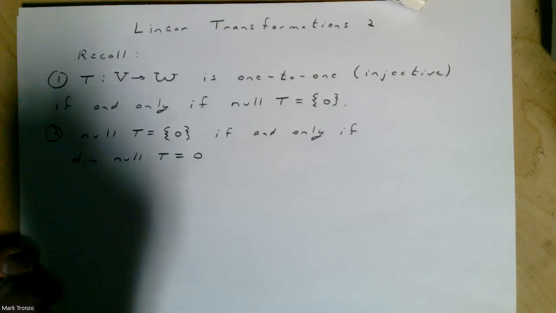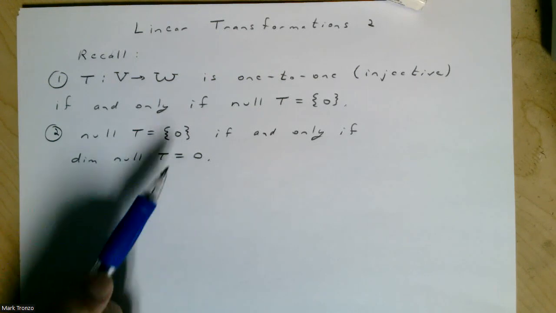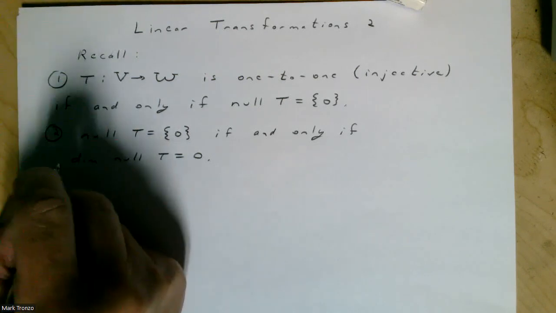So if you end up with a dimension of null space of 0, then the only thing in your null space is the 0 vector.